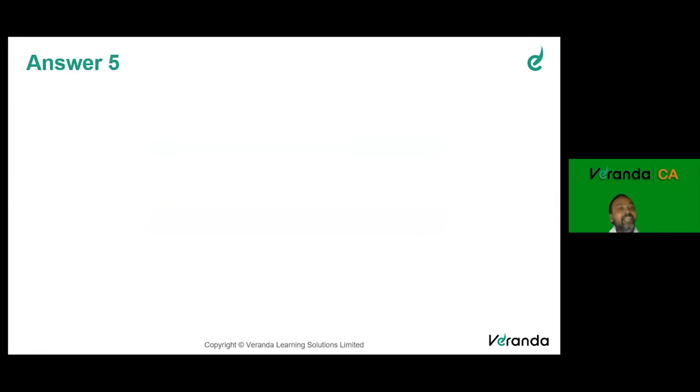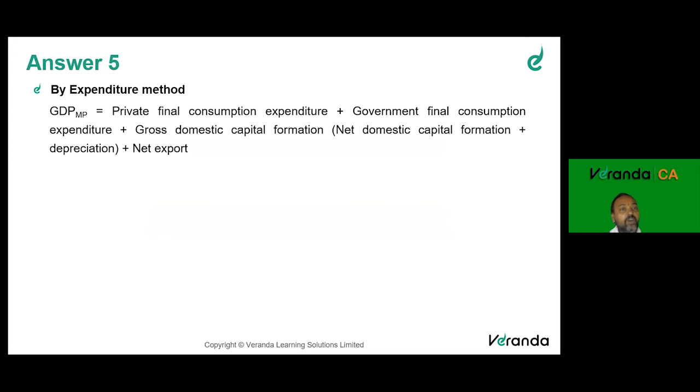Now we have already discussed what needs to be considered and what should not be considered. We will just see whether it is in the same method or not. For the expenditure method, the first step is to compute the gross domestic product at market prices. Then we have to consider NNP, the net national product at factor cost, which gives you the net income, or the national income.